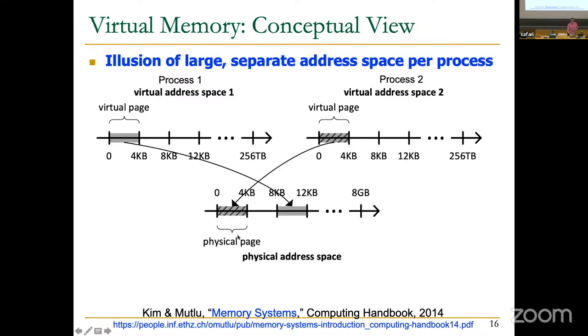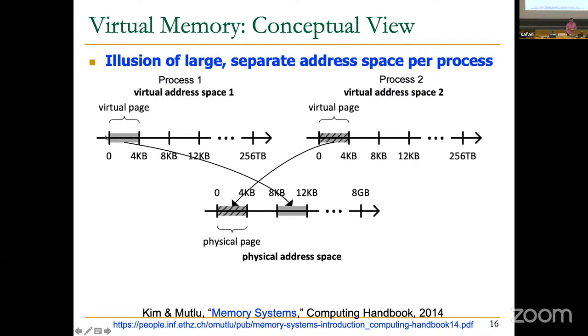But then there's a physical address space. This is actual physical memory. And this system, this processor, may have 8 gigabytes of physical memory, right? So essentially, the programs have the illusion that they are operating on a 256 terabyte address space each, but individual portions or chunks of the virtual address space get mapped to physical memory at a given point in time.